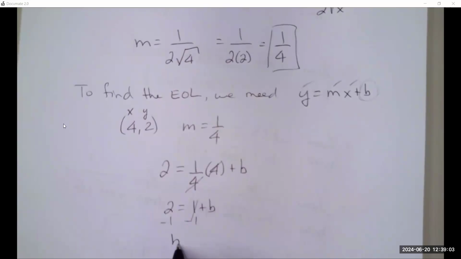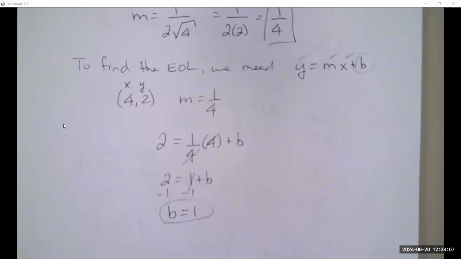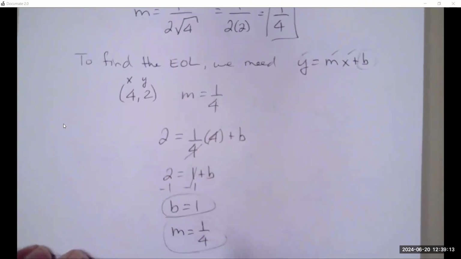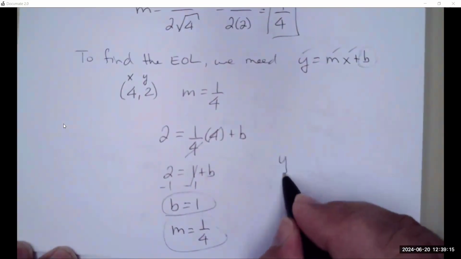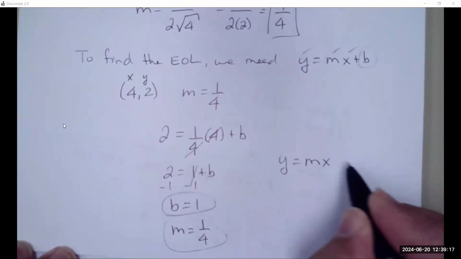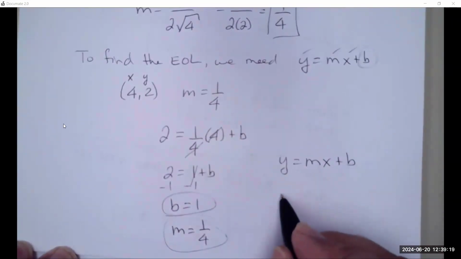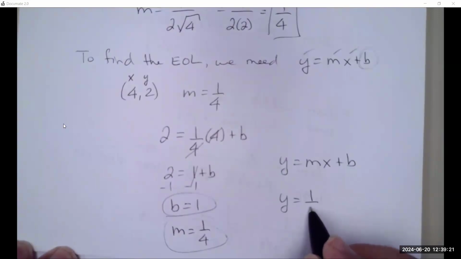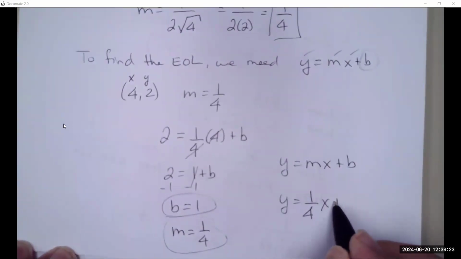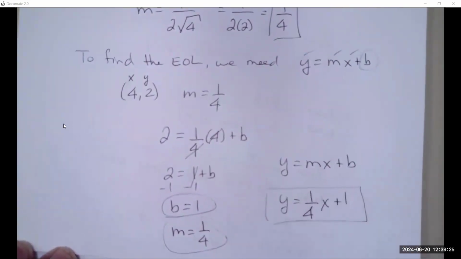Subtract 1. b equals 1. m equals 1/4. Plug those into your equation. And there's our equation of the line tangent to the curve at that one point.